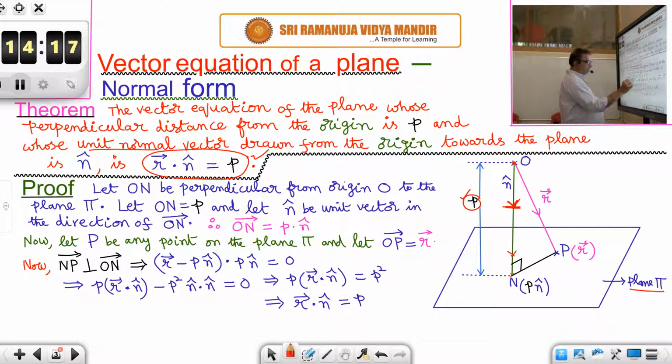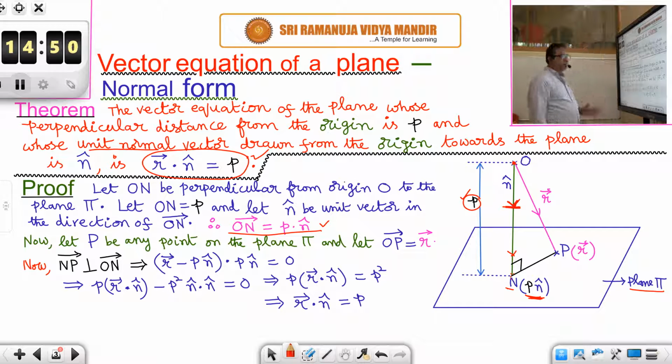So ON bar is simply P into n cap. I have written it here in the bracket. ON bar is nothing but the position vector of N with respect to the origin, is it not? So the position vector of N is P n cap.